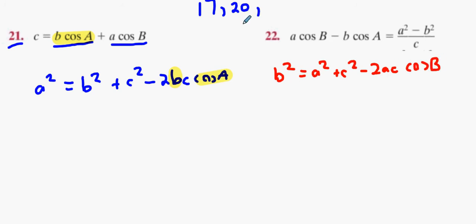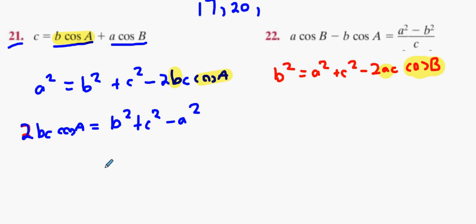And once again, I'm looking at this here, and I want to keep the a here. Now I'm just going to do the usual. I'm going to move everything to one side, so I'm going to get 2bc cos a equals b squared plus c squared take away a squared.